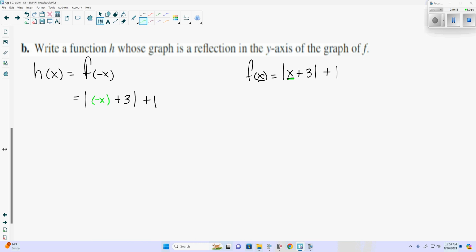That is because if, instead of it just being x plus 3 inside the absolute value, it said 3x plus 3, that negative would have to multiply the 3, which would just give us negative 3x. But if it was, say, negative x plus 3 inside, we'd have negative parentheses negative x, close parentheses.